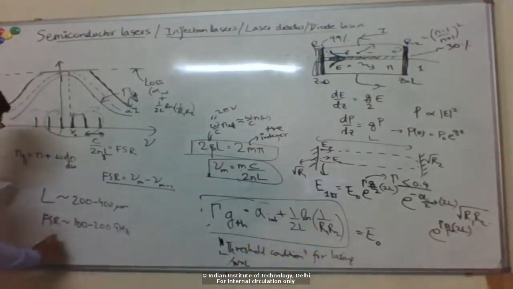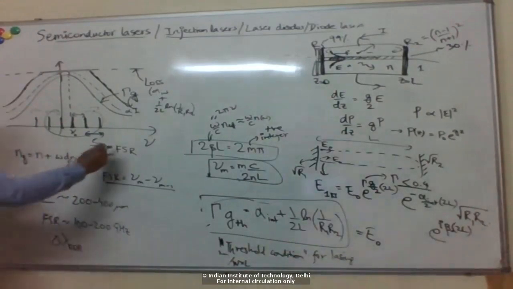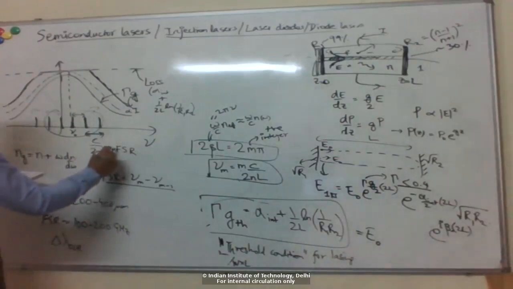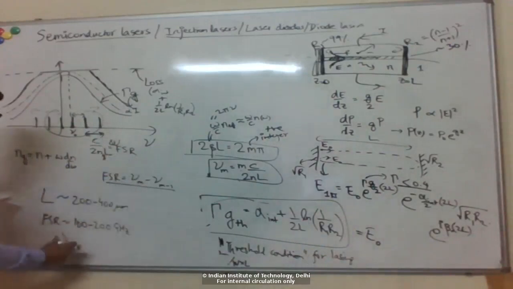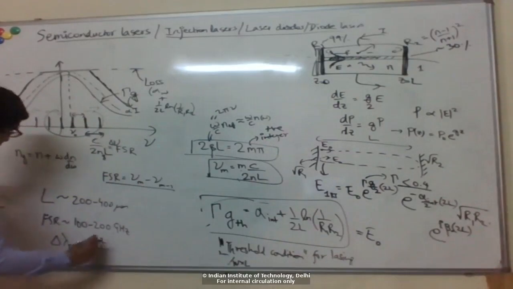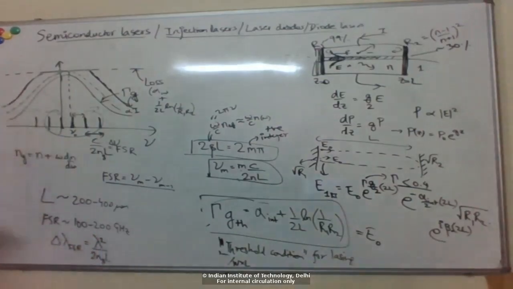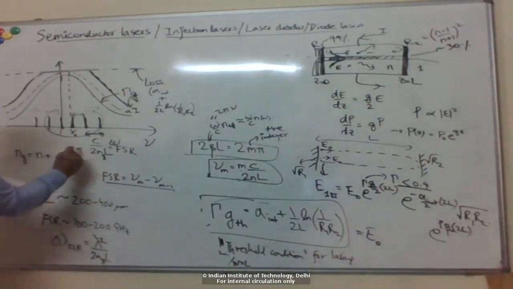Or in delta lambda: if this is the FSR in frequency, delta nu FSR, then the relation between delta nu and delta lambda is just lambda squared over 2 Ng L. I just multiply this by lambda squared over c.